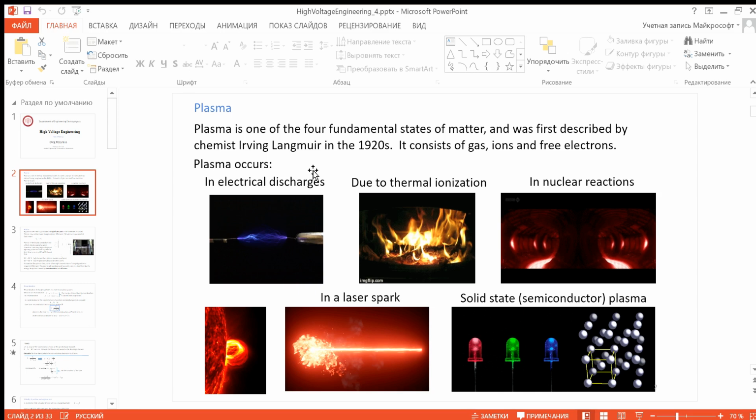Plasma can be found not only in the form of electric discharge, but also in the form of flame of an exothermic chemical reaction, nuclear fusion or fission reactions, in the form of laser spark, that is a substance ionized by laser radiation.